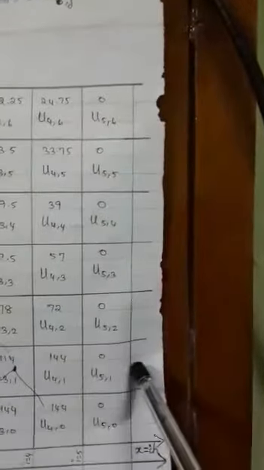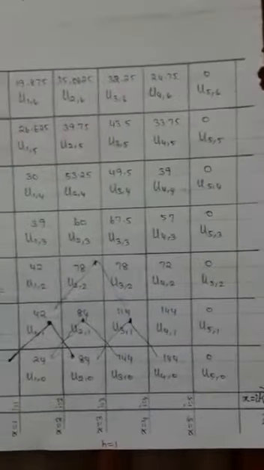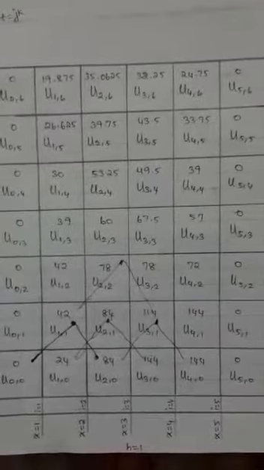Therefore, this boundary condition is represented in the last column: u 5 comma 0, 5 comma 1, 5 comma 2, 5 comma 3, 5 comma 4, 5 comma 5, 5 comma 6. Similarly, the first row is represented using the initial condition.